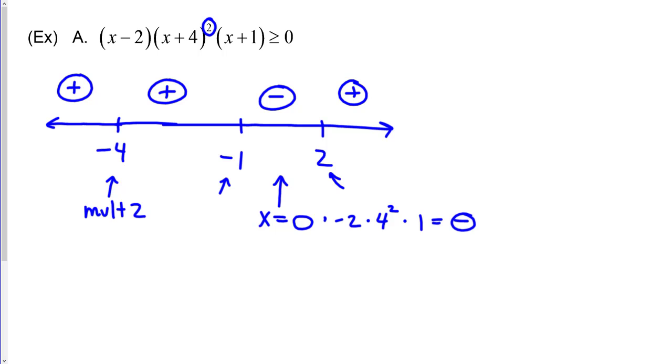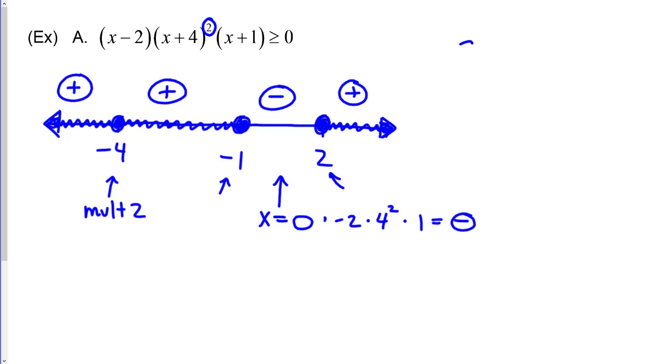Now I'm looking for where this is greater than or equal to 0. So it looks like I'm greater than or equal to 0 on this interval, including the -4, on this interval, including the -1. I skip the next interval, but I include the 2, and then go to positive infinity.